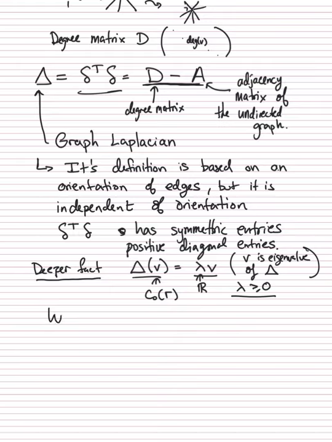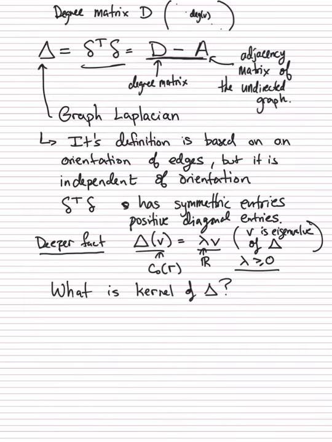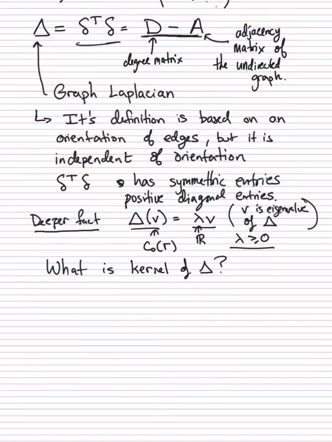In fact, this is my next question, which I'd like you to think about: what is the kernel of this graph Laplacian as an operator on functions of vertices? There should be a natural function or class of functions which has delta f being 0.